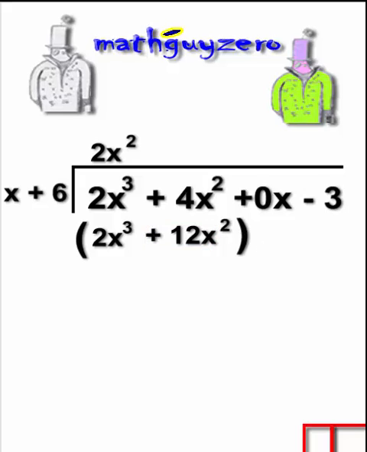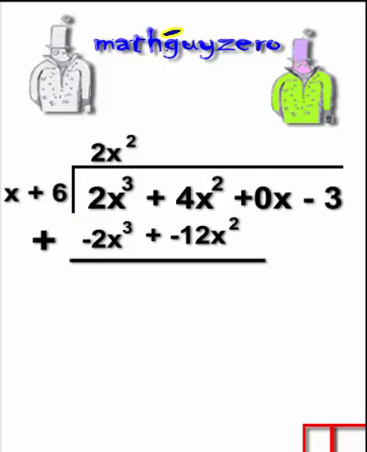And remember, you have to subtract this whole amount. So put parentheses around it and then subtract it. I always change my subtraction problems to add the opposite. You'll notice that the 2x cubes cancel out, but not the x squareds. We got negative 8x squared. And then we bring down the next term.